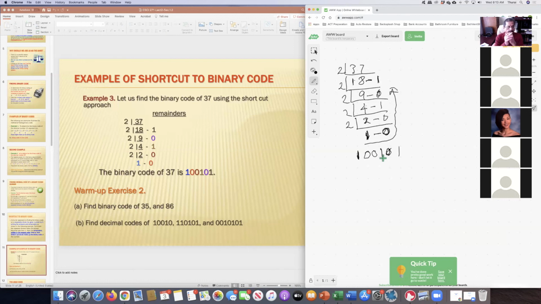So I want you to find the binary code of 86 right now using this short method. 86.